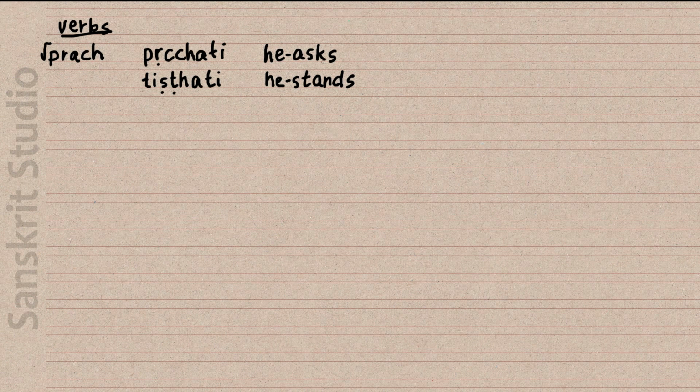So this to the right here indicates that everything is one word. The hyphen indicates that everything is one word, and in particular it indicates that we're not talking about a separate pronoun here. So we're saying that he-asks is the translation of this verb here to the left, tiṣṭhati.